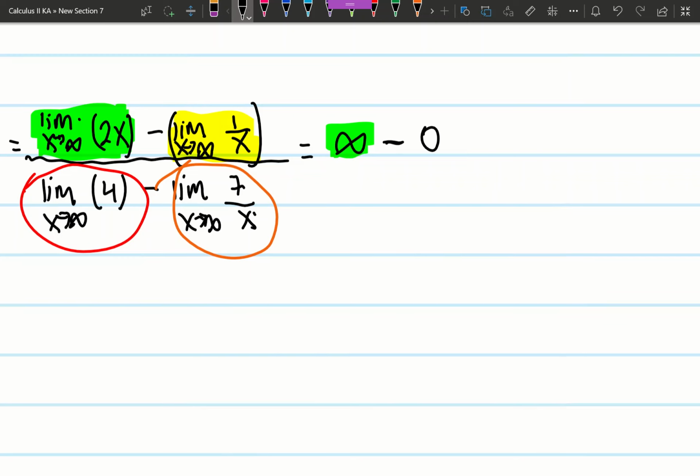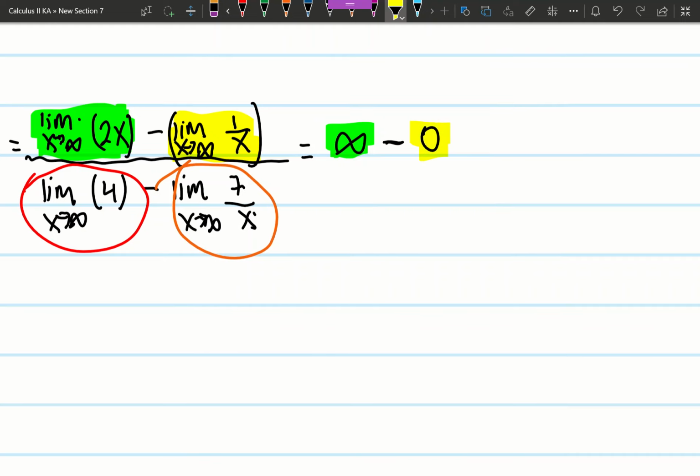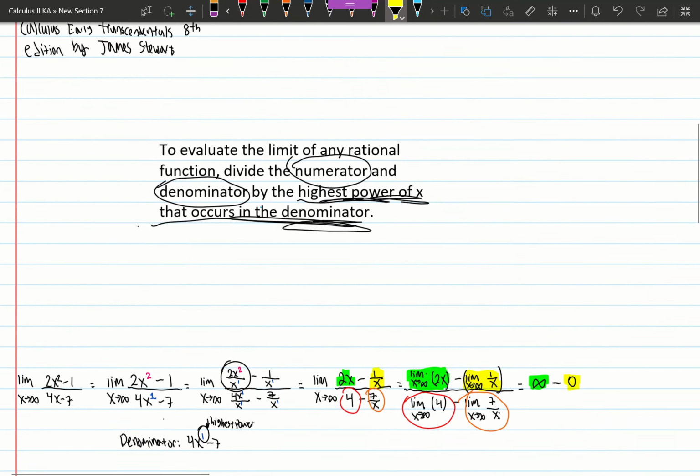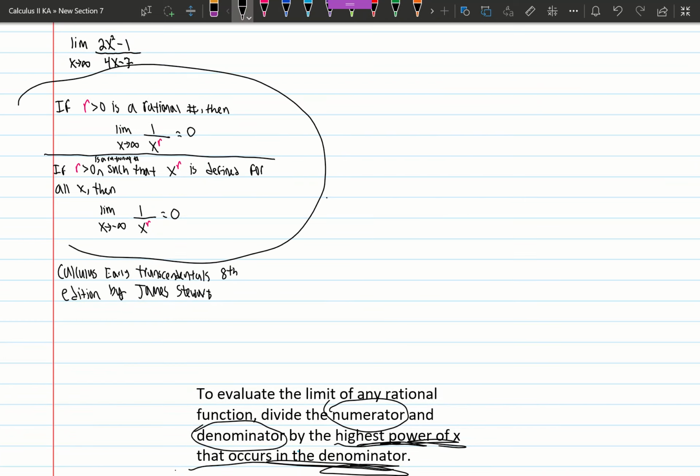So this part is 0, because the limit of 1 over x to the r, 1 over x raised to some power r, is 0. We're using these rules, if you remember this part, right?